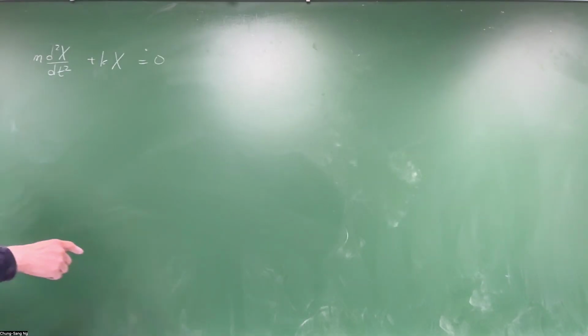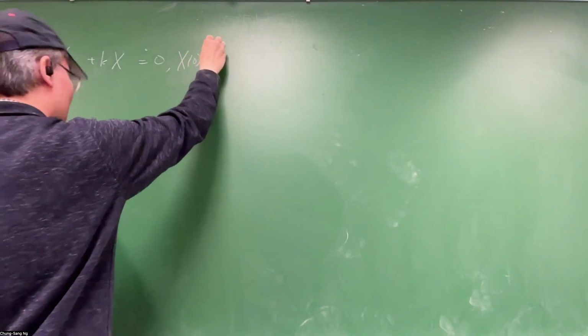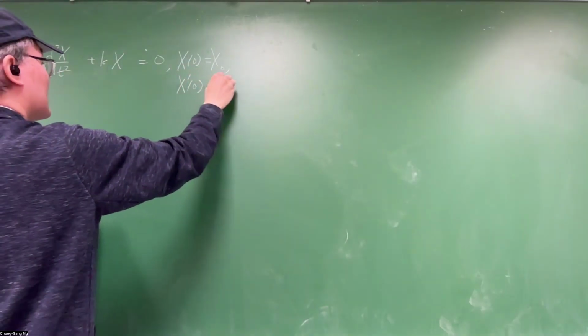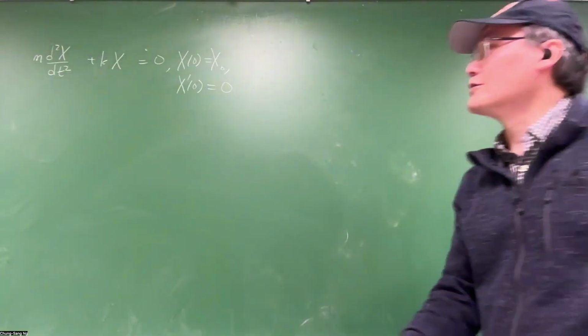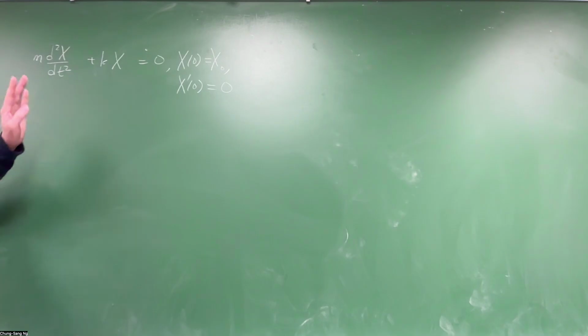So this is an initial value problem, with initial values x of 0 equal to x sub 0, and x prime of 0 equal to 0. Obviously, this is a simple harmonic oscillator, so you can write down the general solution, plug in the initial conditions, and get your solution that way. That's not difficult.